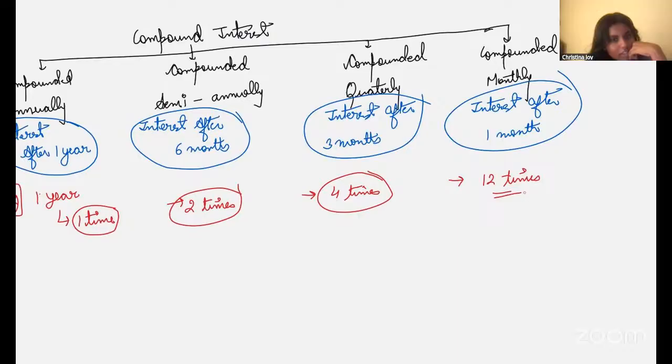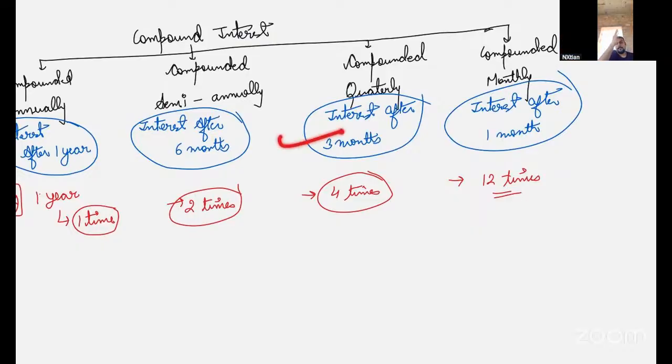Interest after 3 months means if I start from this January, tell me the 3 months: January, February, March. 3 months completed, you will apply the interest one time. Then count it.